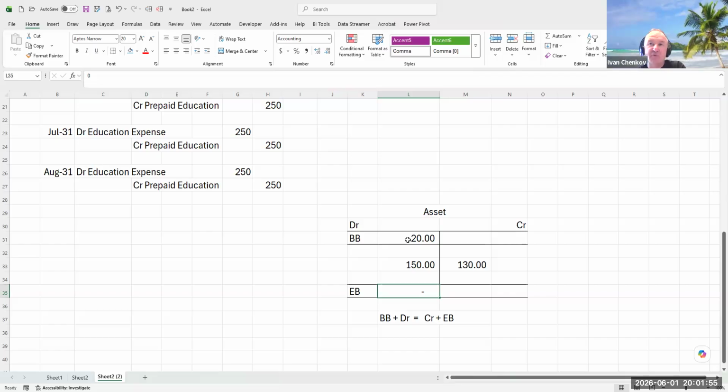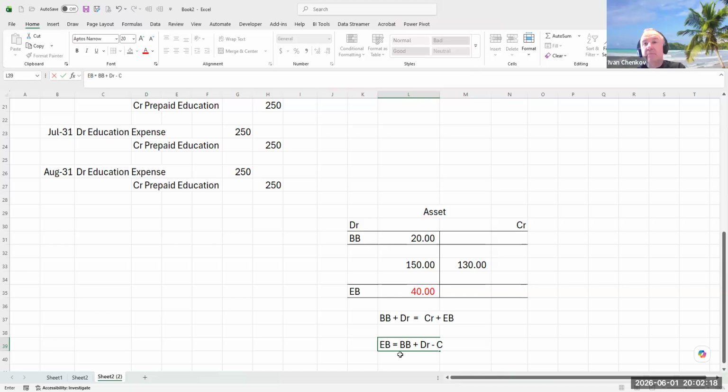It's not 20, right? It's 40. Yes, it is 40. So what we did, we solved it for the ending balance. The ending balance is equal to beginning balance plus the debit minus the credit, correct? So 20 plus 150, 170, minus 130, 40.